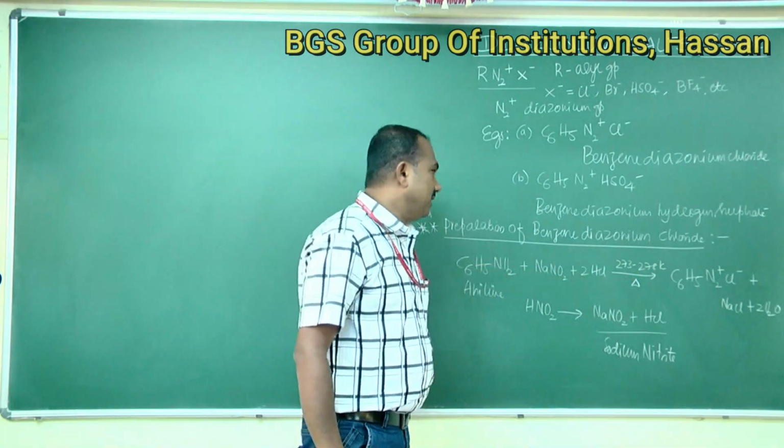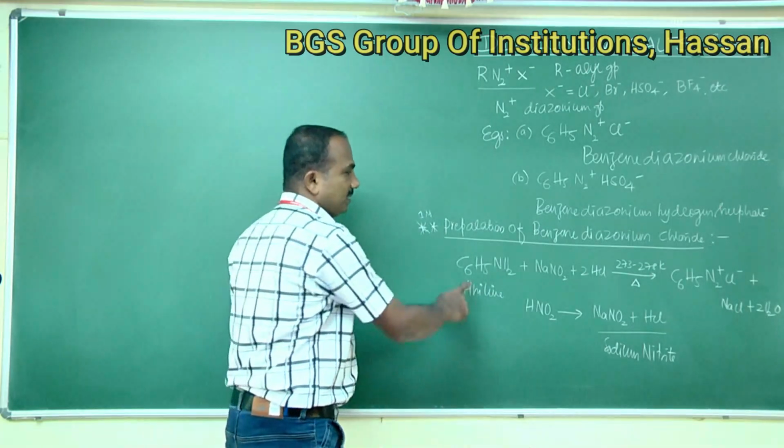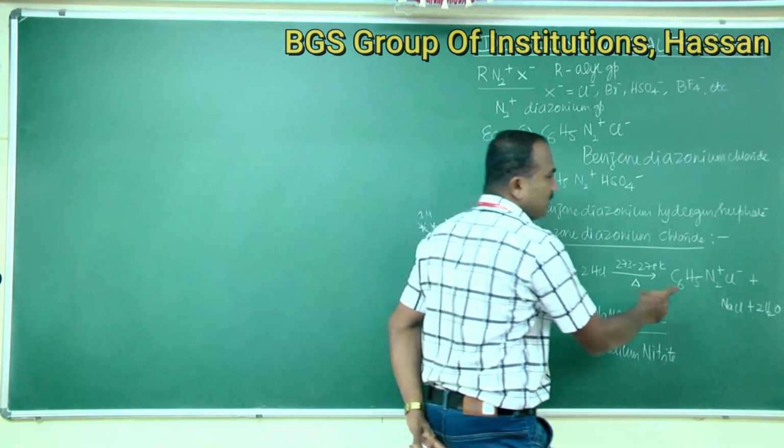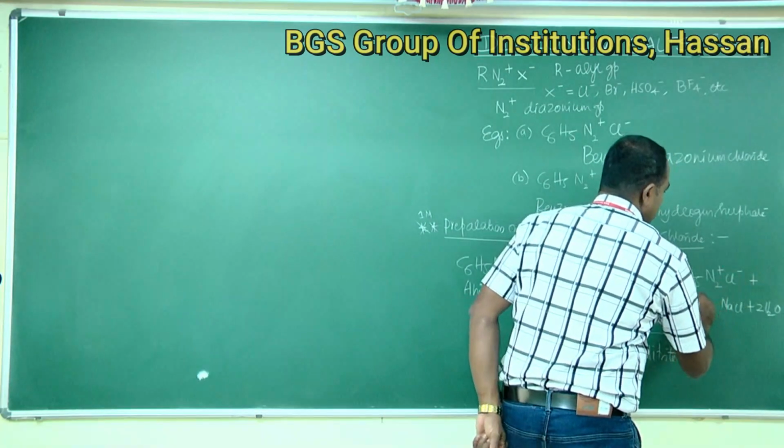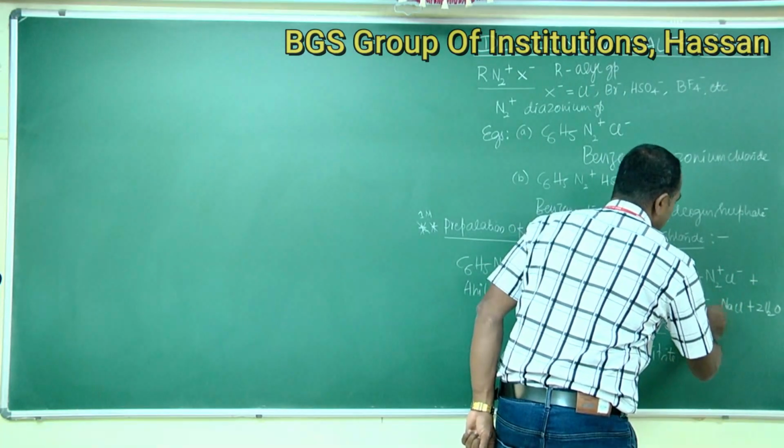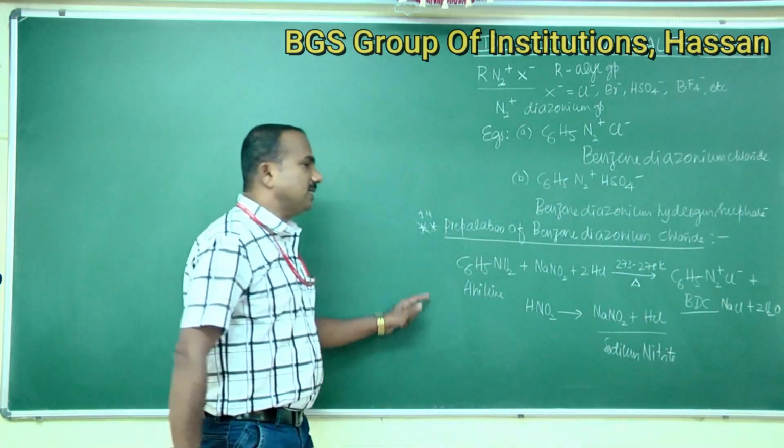So when it is treated, benzene diazonium chloride is formed, along with NaCl and 2H2O. This is the reaction.